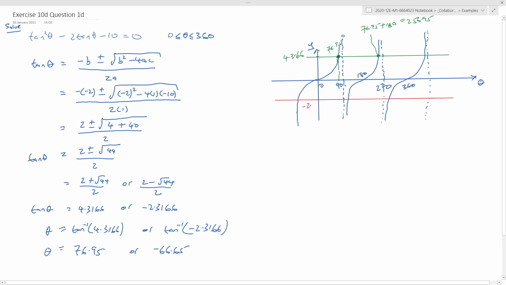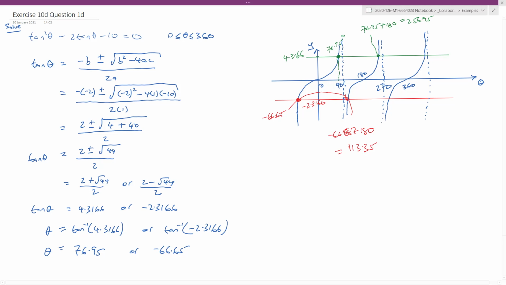This is minus 2.3166, and that's the solution you got on the calculator there, minus 66.65. Then you add 180 to get the next solution, which is minus 66.65 plus 180, and that's equal to 113.35.